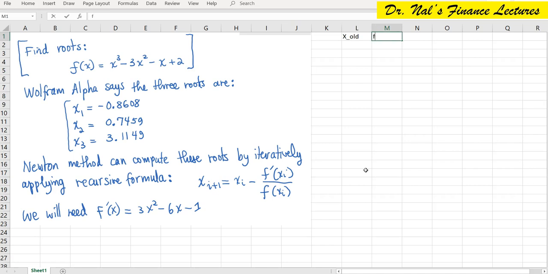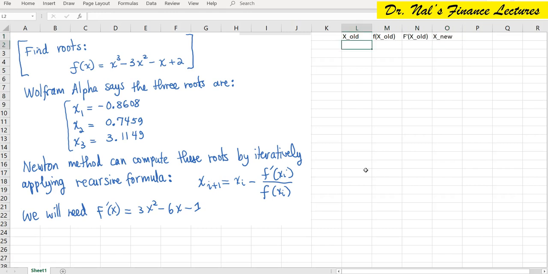Along the way, I will plug in the value for f of x old, and also f prime of x old. Actually, let's make it superscript, x old, and let me also change this x over here to uppercase. And finally, x new, the new value of x.